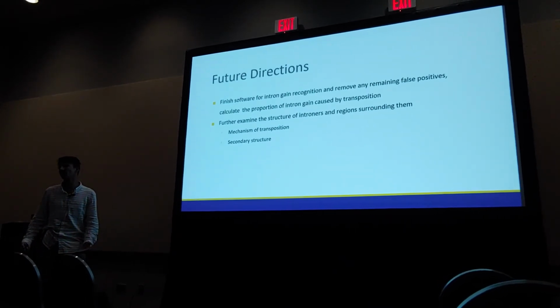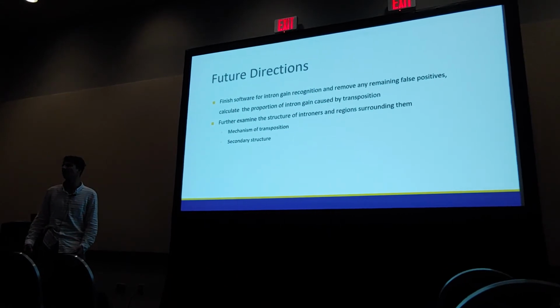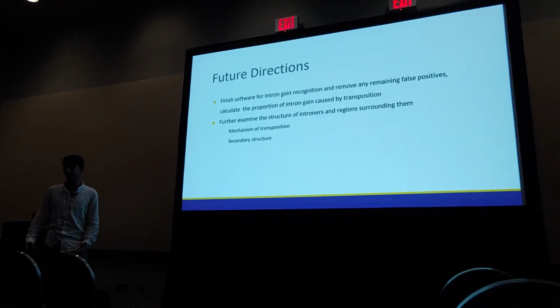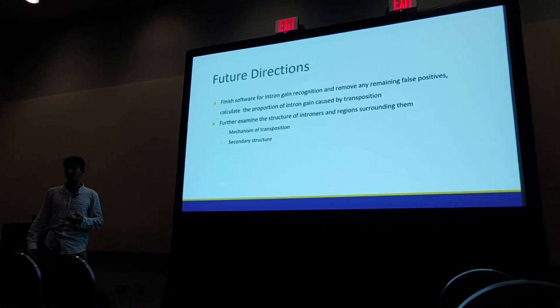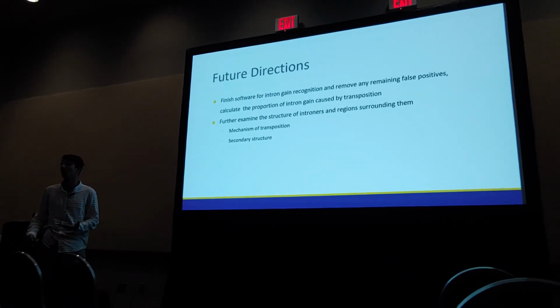And also we want to look at the secondary structure. We've done some RNAfold predictions of secondary structures on our data, and have found some promising secondary structures. And we want to know how that might play a role in the mechanism.